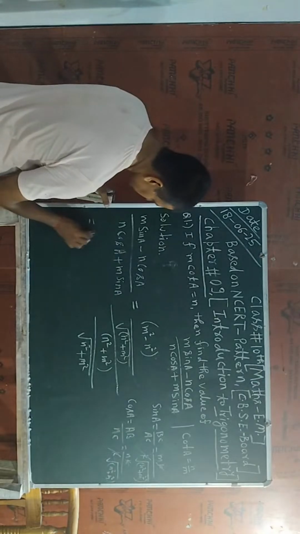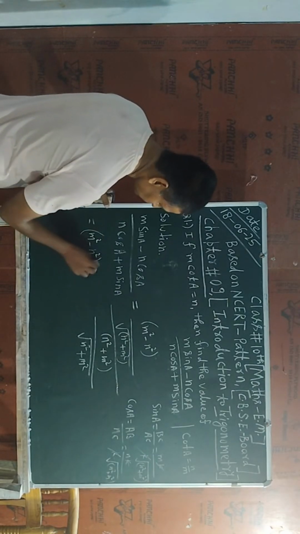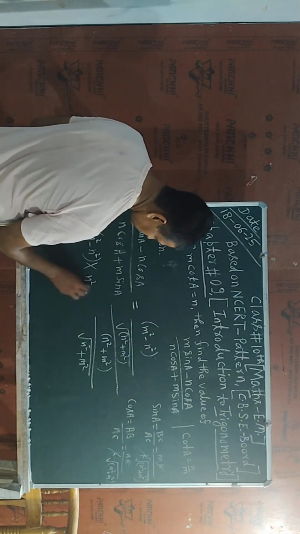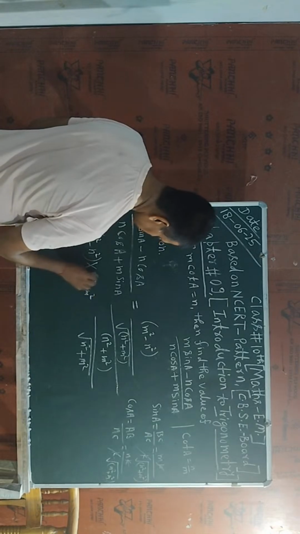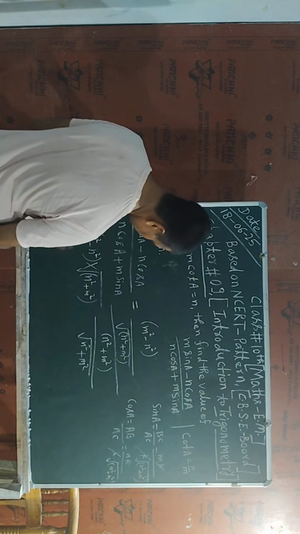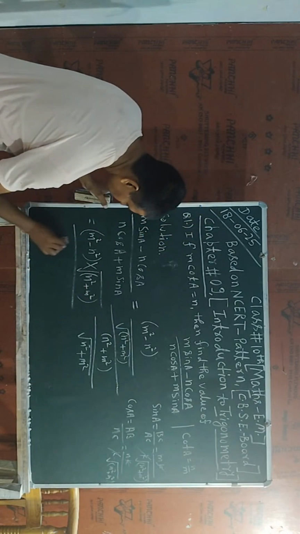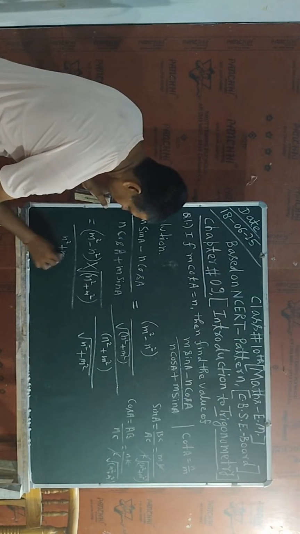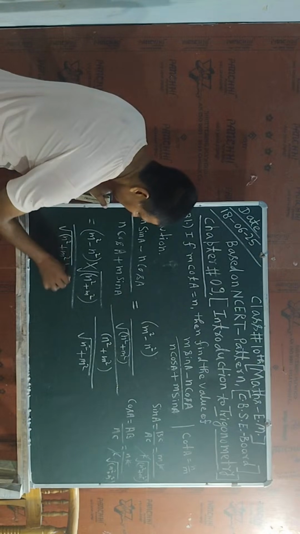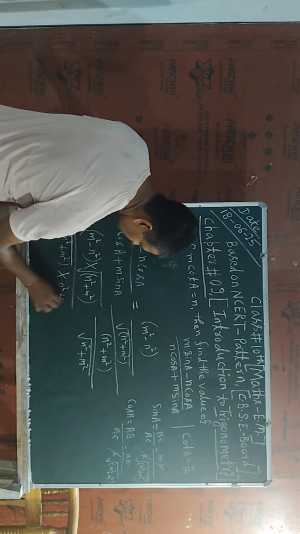So here m square minus n square into this term will go upside because I have used the above information. So I have to write it in bracket and then again this term and this term will be multiplied. So (n square plus m square) in bracket square, and then here I will multiply n square plus m square.